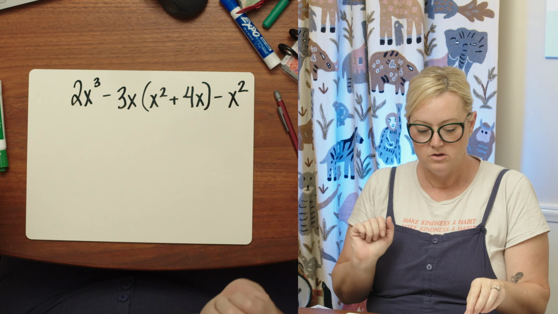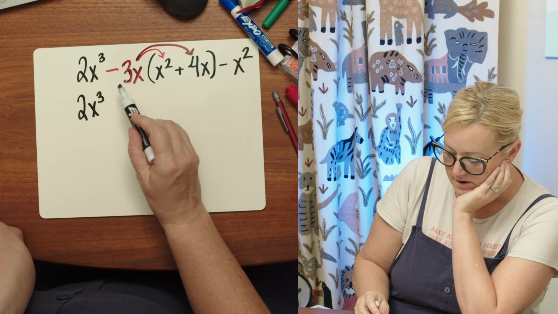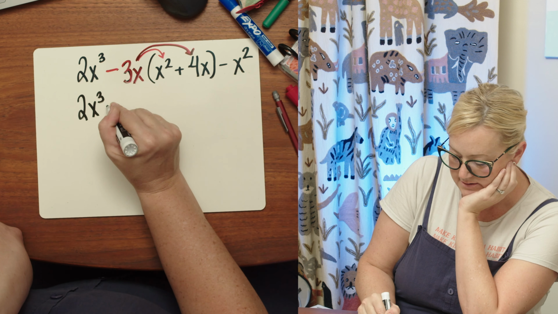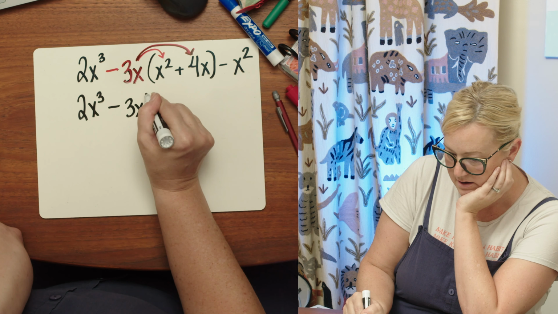Okay, and distribution, the distributive property, is just multiplying over addition or subtraction. So now on my next line, I get 2x cubed. Negative 3x times x squared is minus x cubed. Ooh, I got some like terms right there.